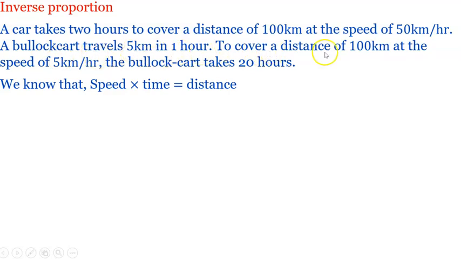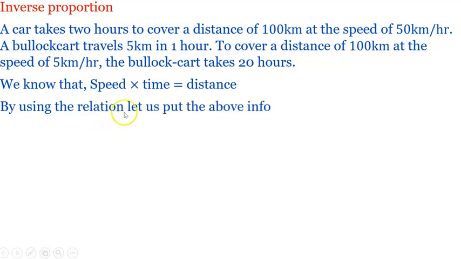To cover a distance of 100 km at the speed of 5 km per hour, the bullock cart takes 20 hours. Now we know the formula for speed, that is speed is equal to distance upon time, and hence distance is equal to speed into time. By using this relation, let us put the above information in tabular form.